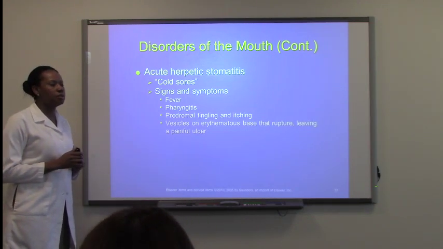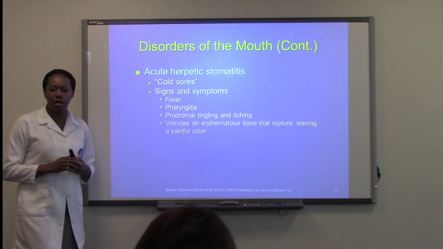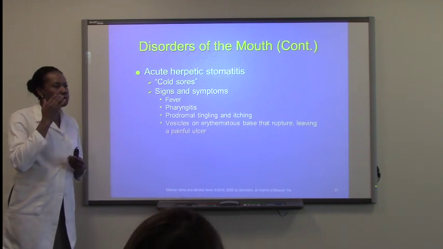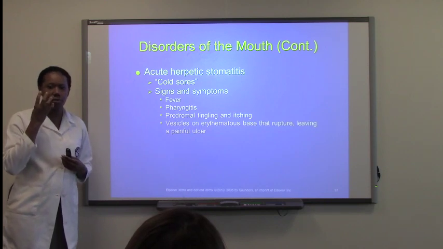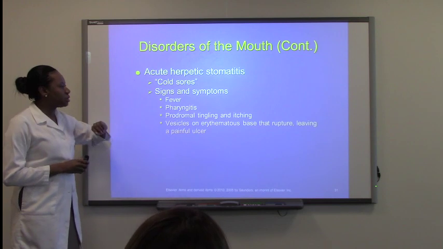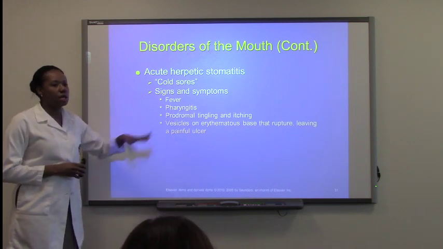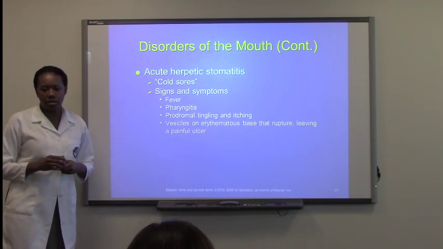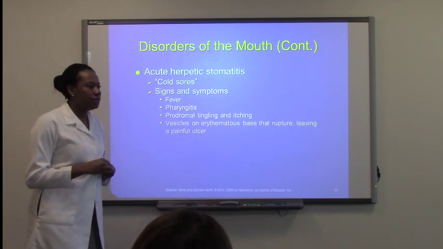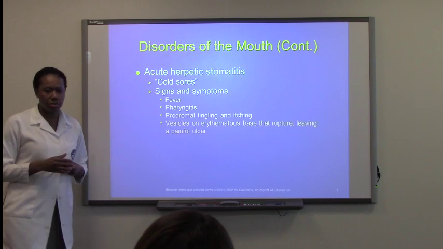Individuals that have type 1 can sometimes feel the beginning of an outbreak, like a tingling sensation before the blister actually comes out. It is associated with cold sores, fever and pharyngitis, so this is usually accompanied with an actual cold virus most of the time.